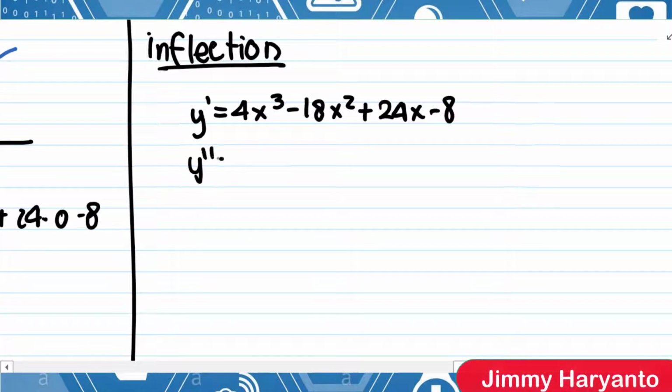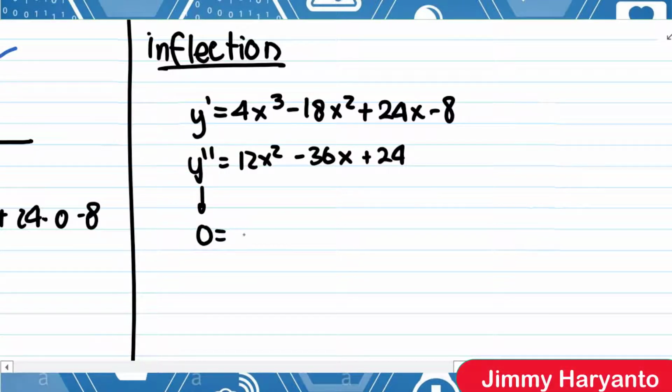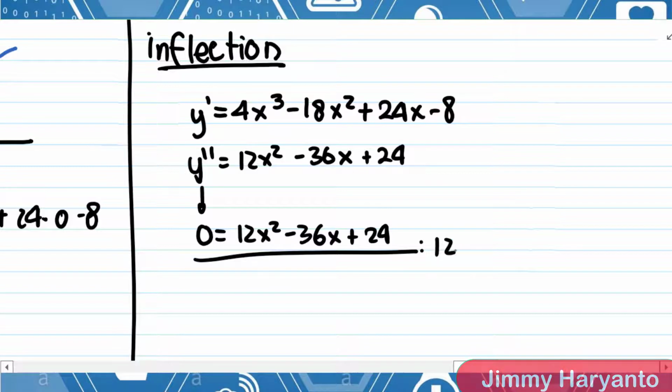So the y double accent will be 12x squared minus 36x plus 24. You have to make it into 0. 0 equals 12x squared minus 36x plus 24. You can divide them all by 12. So you will have 0 equals x squared minus 3x plus 2.